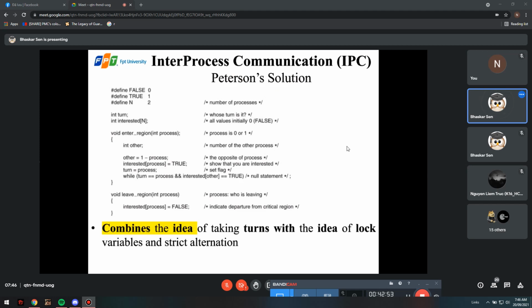Now, the next solution that we have is Peterson solution. This is probably the first time that they try to combine a few things, taking turn and strict alteration. These two concepts were combined together, and for the first time in Peterson's solution, they were hinting at something a little bit different.